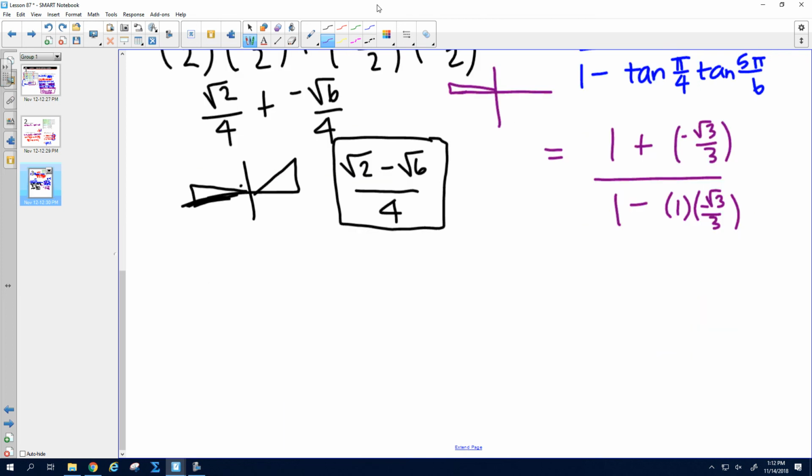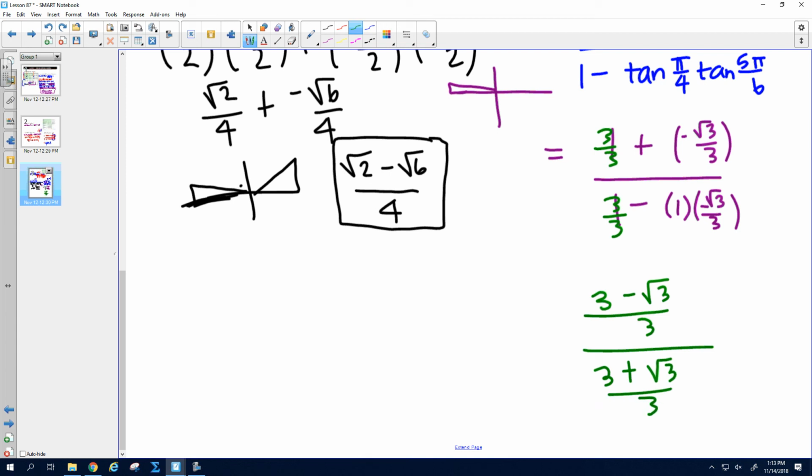Now we have some fun with simplifying fractions. We need common denominators, so we're going to change this to 3 over 3. And I have 3 minus root 3 all over 3 then in the top. And I'm going to change this to 3 over 3. The 1 multiplies here, so this is just 3 plus root 3, because there's 2 negatives right there, all over 3.